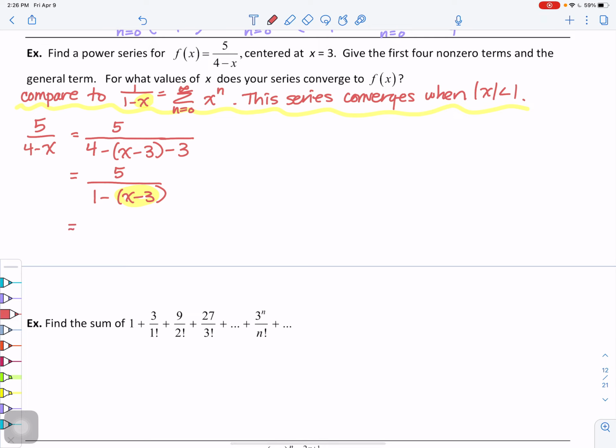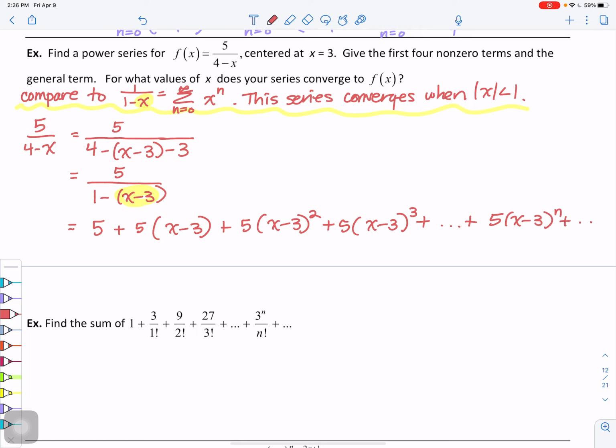That's equal to 5 plus 5 times x minus 3 plus 5 times x minus 3 squared plus 5 times x minus 3 cubed plus dot, dot, dot, 5 times x minus 3 to the n, dot, dot, dot.